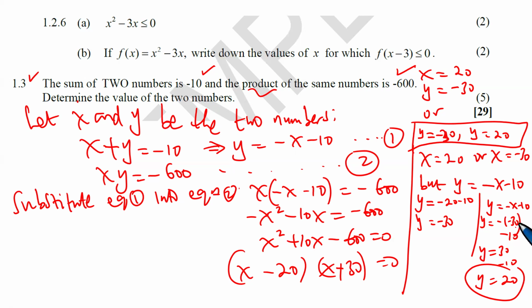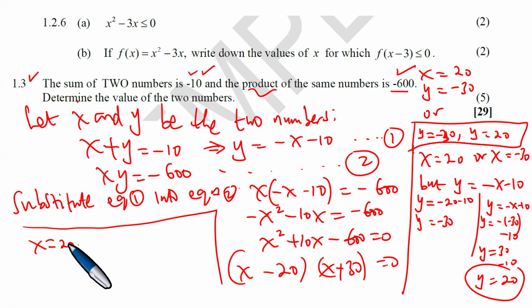You add them up, minus 30 plus 20, they give you minus 10. But when you multiply minus 30 by 20, you get minus 600. So those are the numbers.